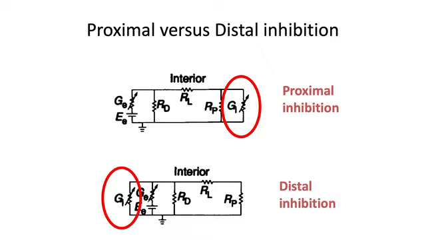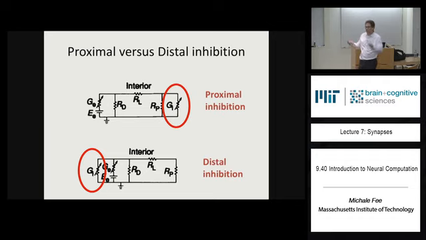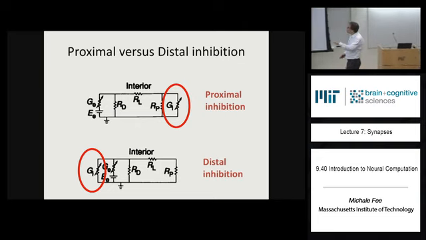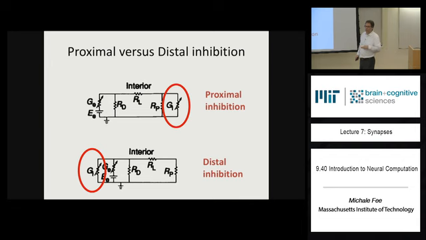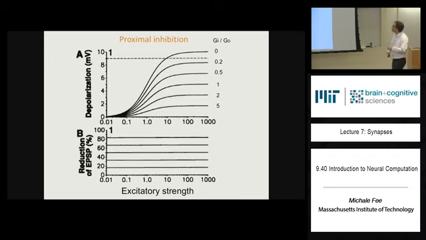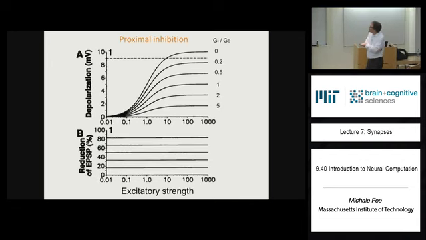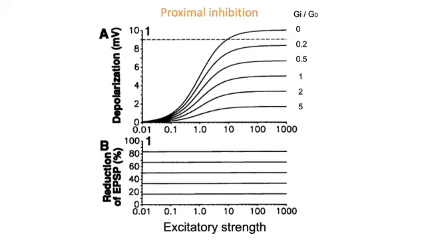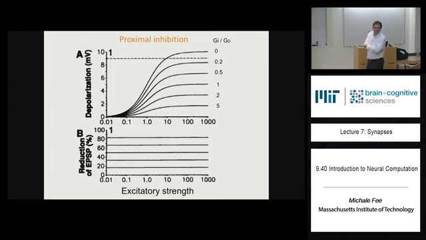They analyzed it mathematically exactly like the way I just showed you. That very simple calculation works. You just use Kirchhoff's current law, and you write down the voltage response to the excitatory synapse as a function of the strength of these two different kinds of inhibition. And here's what you find. The proximal inhibition suppresses the response to the excitatory input by the same fraction no matter how strong the excitation is.